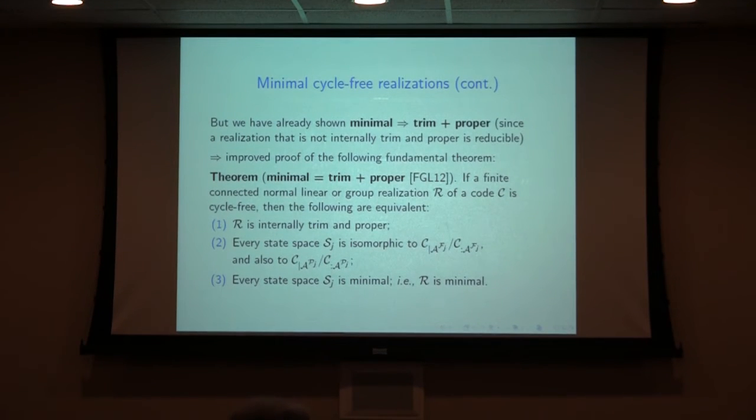Very, very simple condition on each of the constraints. Then every state space is isomorphic to either of these two quotient groups. And furthermore, every state space is minimal, meaning the whole realization is minimal. And going the other direction, if you have that, then that implies the top line.